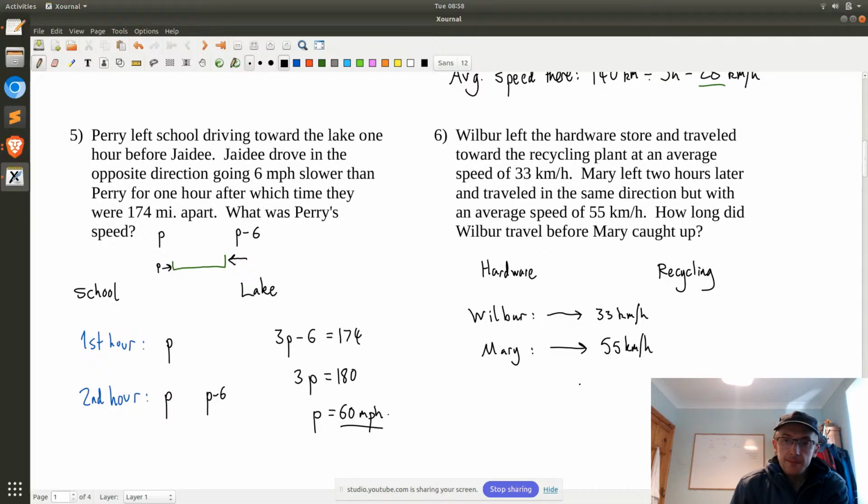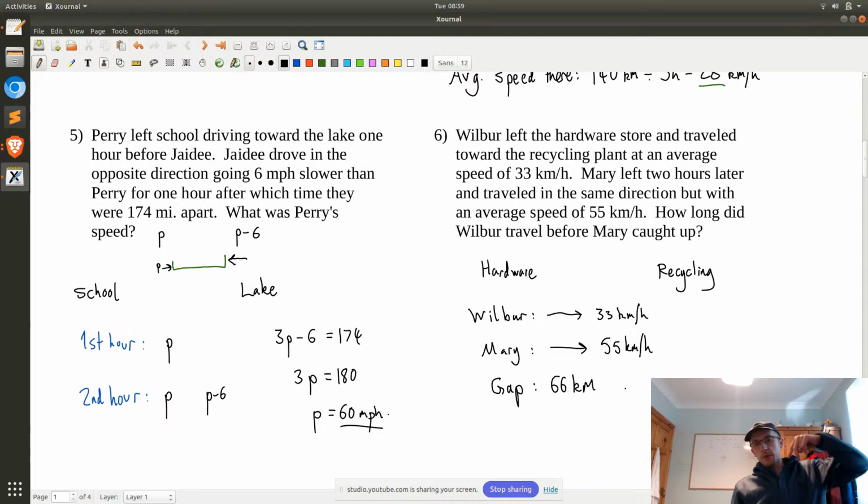Okay, that's fine. So first of all, if Mary left 2 hours later, Wilbur has already covered 66 kilometers. So the gap between them is 66 kilometers.